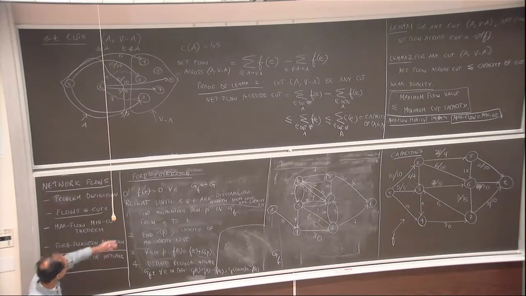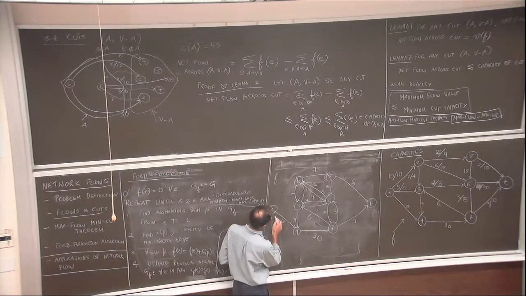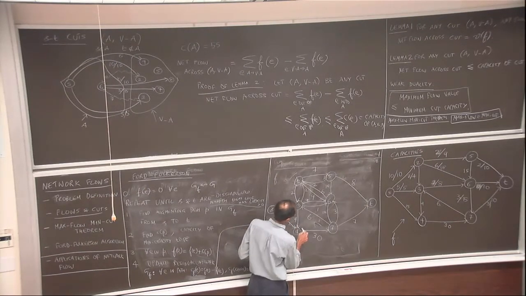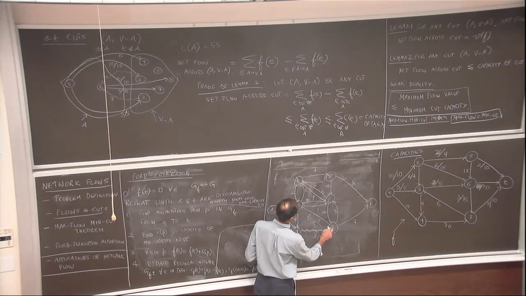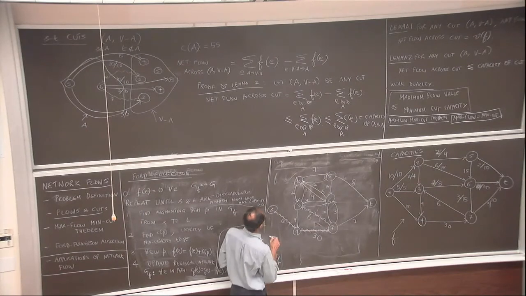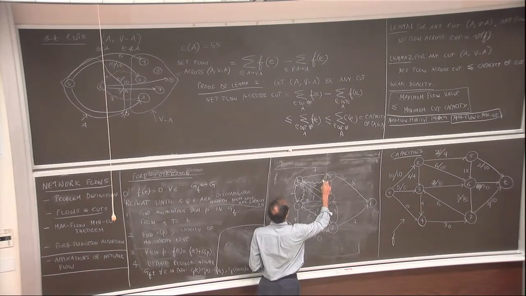So the algorithm now says find any path from S to T. It doesn't matter, any one path. So let's pick any path. Let's pick the path S to 4 to 7 to 3 to 2 to 5.